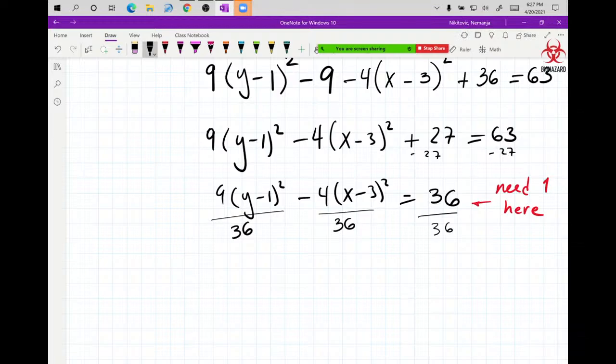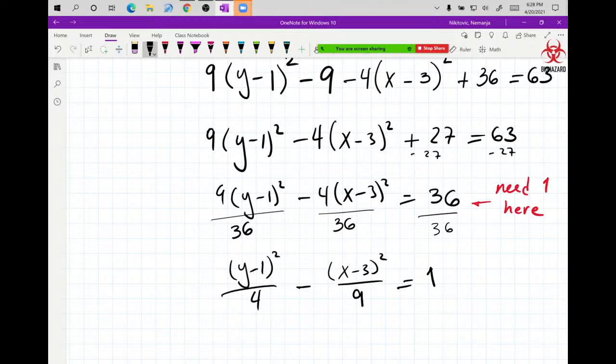Divide both sides by that number, to give you the 1, which you need. But now 9 and 36 will cancel into (y minus 1) squared over 4. Minus 4 and 36 will cancel to give us (x minus 3) squared over 9 equals 1. And finally, I have the equation of the hyperbola.